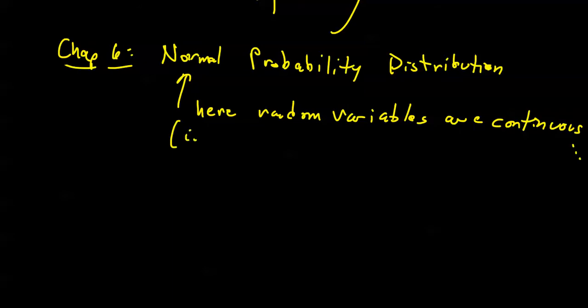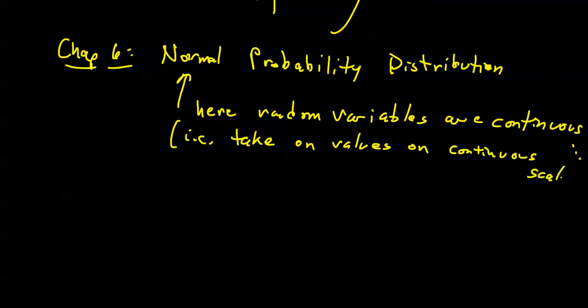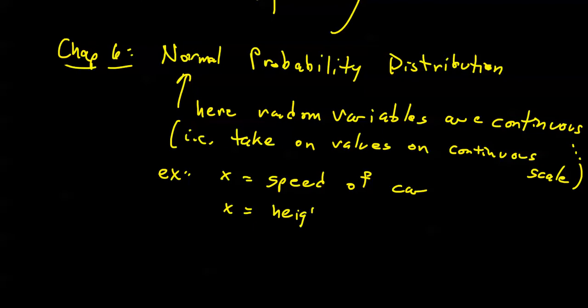In other words, they take on values on a continuous scale. Okay? For example, if x is the speed of a car at a particular point in space, x could be the height of a child, height of a 6-year-old child perhaps.